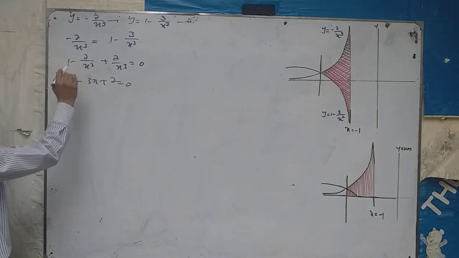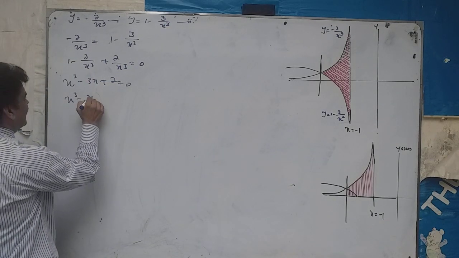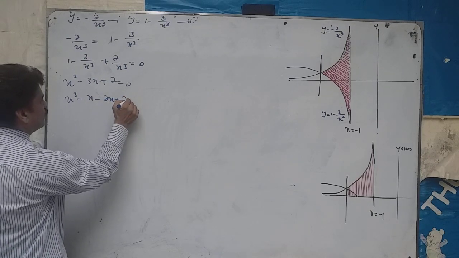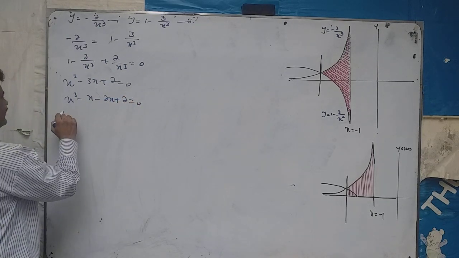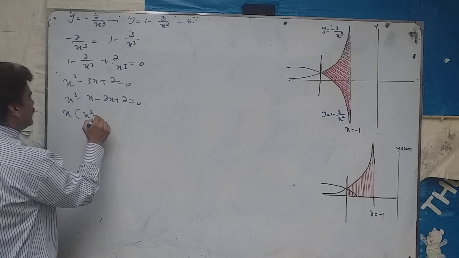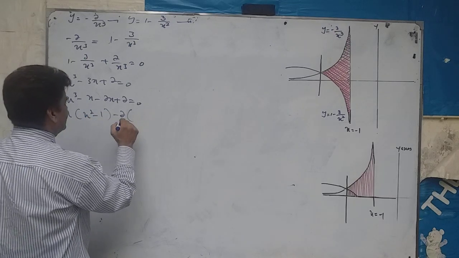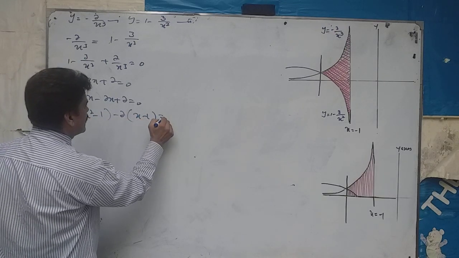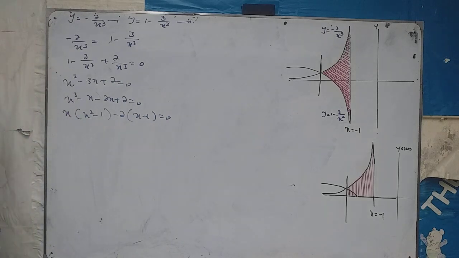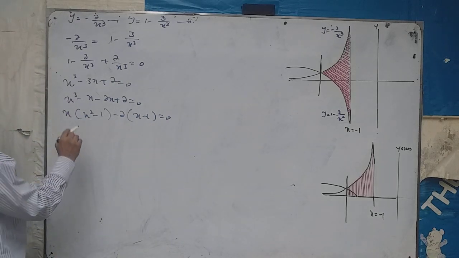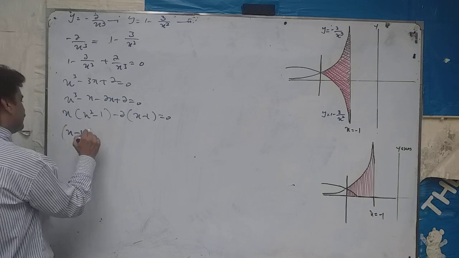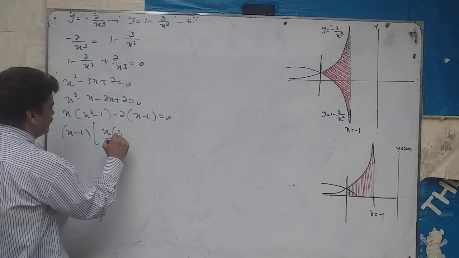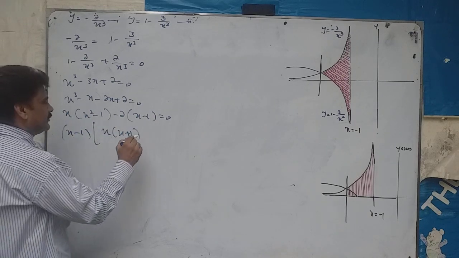We know how to factorize. We write x cubed minus x minus 2x plus 2 equals 0. By taking x common, we get x squared minus 1. By taking minus 2 common, we get x minus 1. We again take x minus 1 common, we get x times (x plus 1) minus 2.